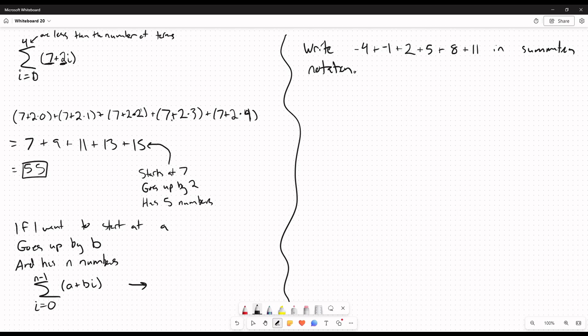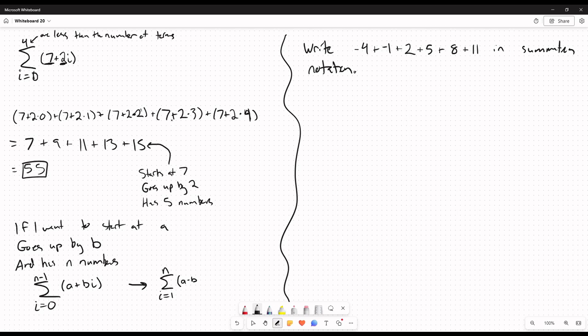Another way that you could do this, and I encourage you to check it out, is to have it go from i equals 1 to n. But then we have to be a little careful with our starting number, because if the first thing that I'm plugging in is 1, then this constant up here needs to actually be a minus b to counteract that.